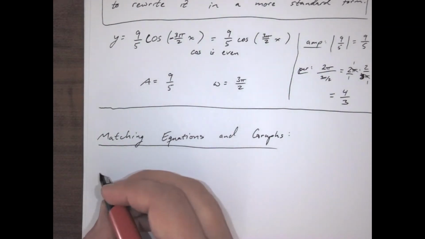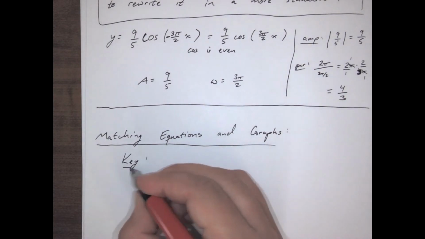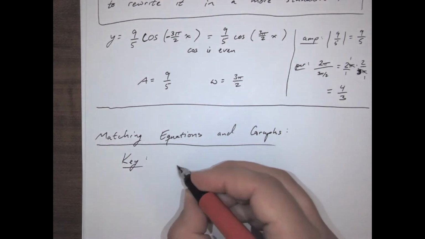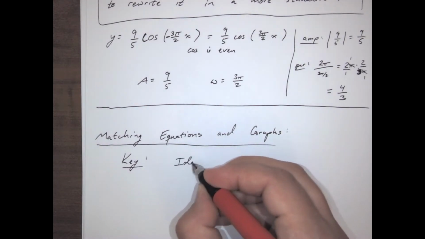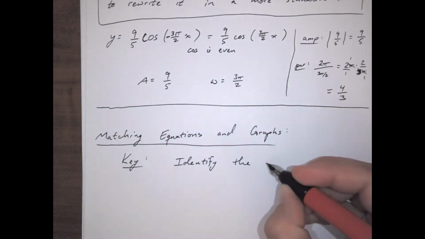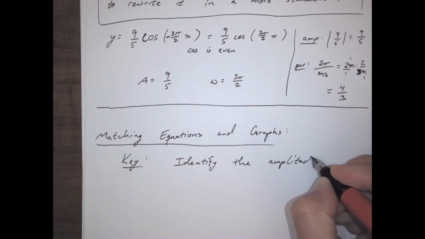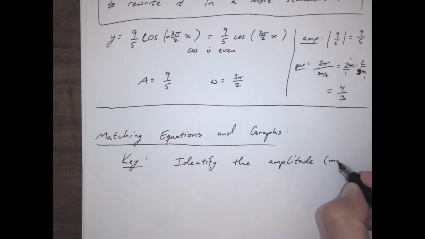So the key is identify the amplitude, and again that's max minus mid.